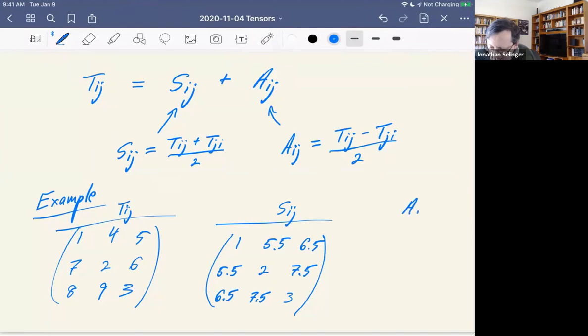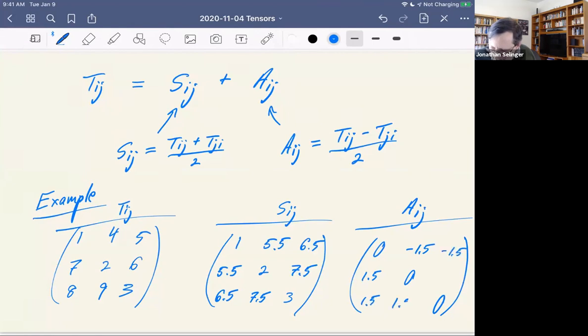And then for the anti-symmetric part, I want half the difference. So 0, 0, 0 on the diagonal, and then 1 minus 1, and so on, for each pair of off-diagonal entries.